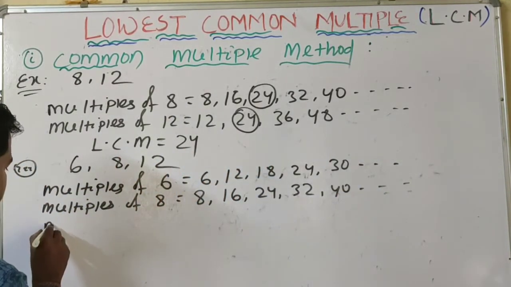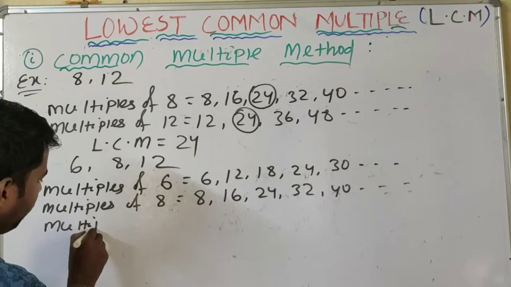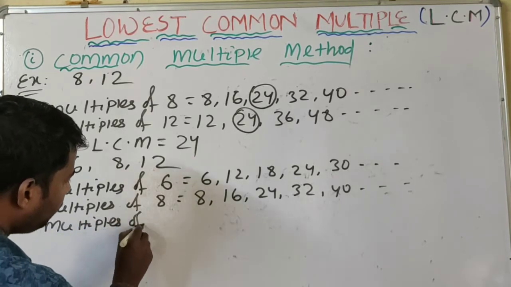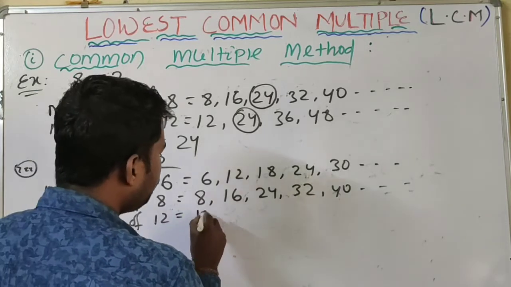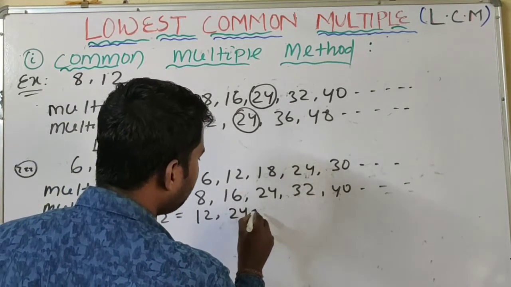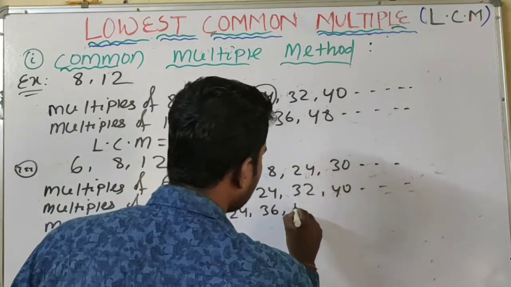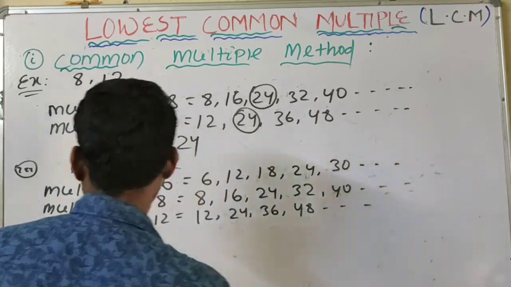Then multiples of 12 are 12, 24, 36, 48, etc.